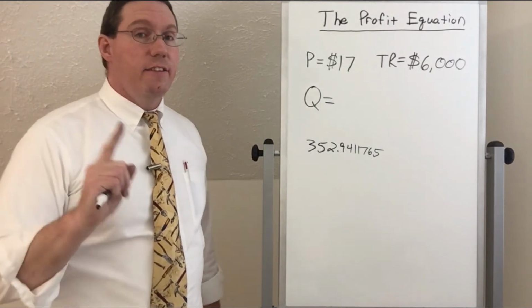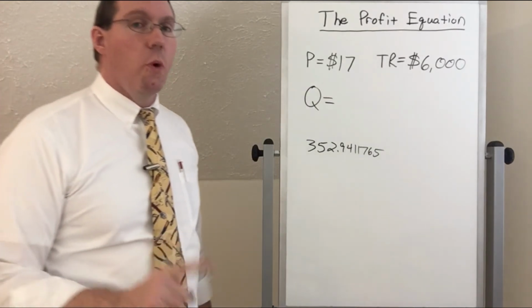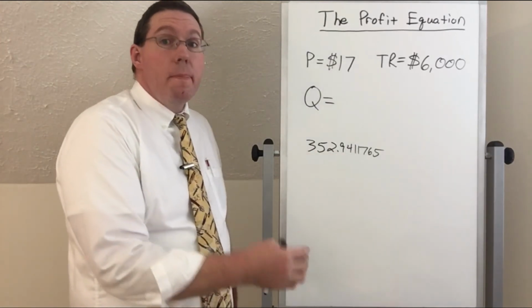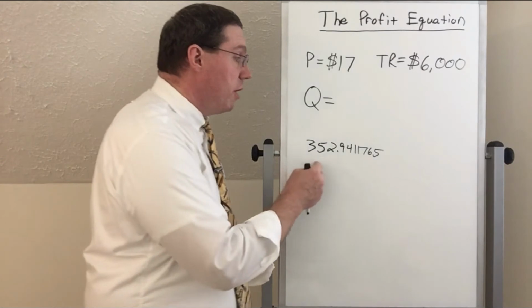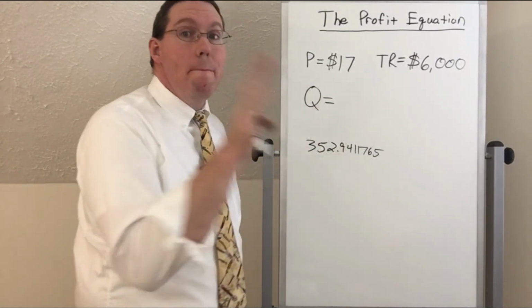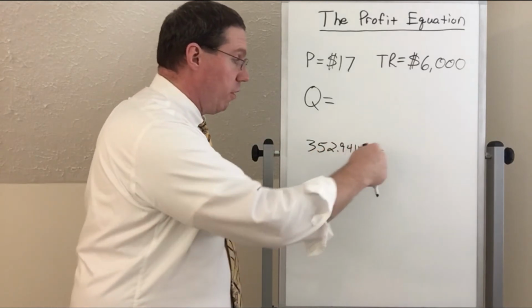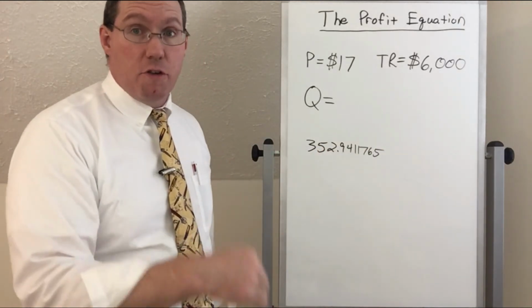Well, do you remember what I told you in our definition of quantity? That quantity is a discrete value. It gets counted one at a time. We can't have 352.94 units. Now, we can have 352.94 million units, because with the million, we could move our decimal point over and still have a discrete number.